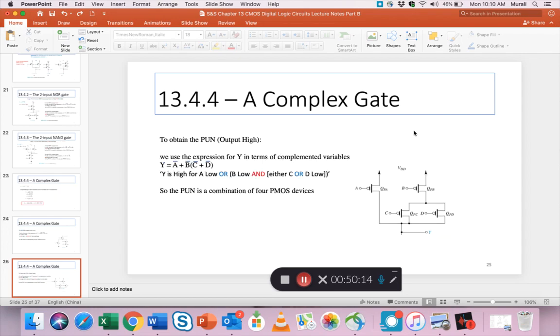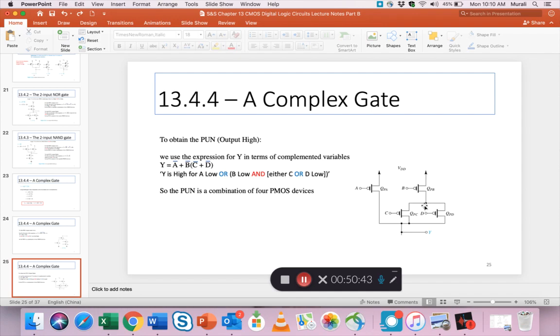Next, you have to execute the top portion. Follow the same logic. The top portion is like this. So start with the one in the middle. This is C low or D low, right? So C or D. Begin with that. Then we have A low or B low, right? B low and, right?